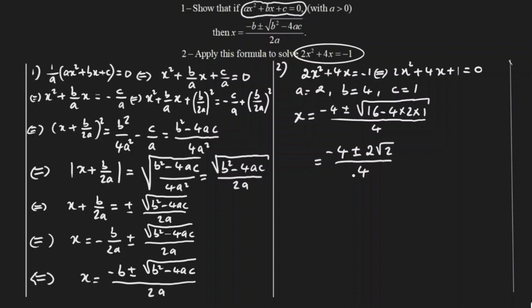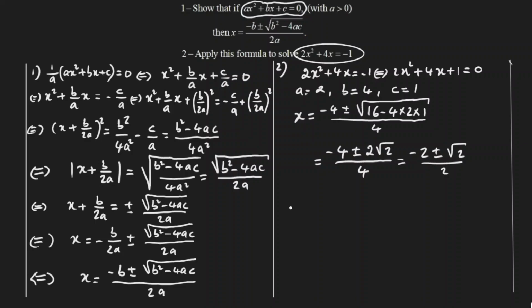So we get minus 4 plus or minus 2 square root of 2, divided by 4. If we simplify all this by 2, we'll get minus 2 plus or minus square root of 2, divided by 2.